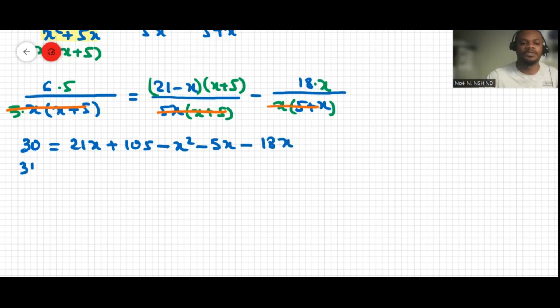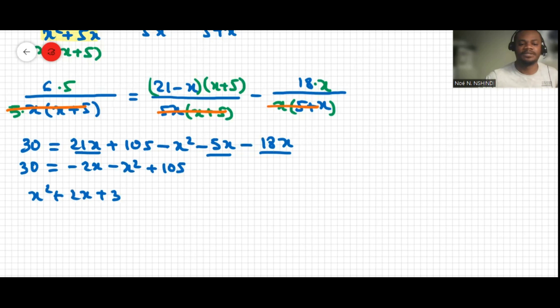So that makes what? 30 equal to 21x minus 5x makes 16x. 16x minus 18x makes negative 2x minus x squared, and then plus 105. Now, if I move everything from the right to the left, we'll have x squared plus 2x.